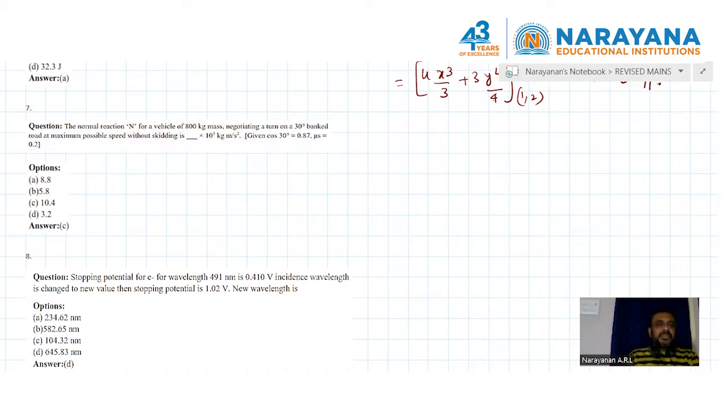The normal reaction for a vehicle negotiating a turn on a banked road at maximum speed without skidding.